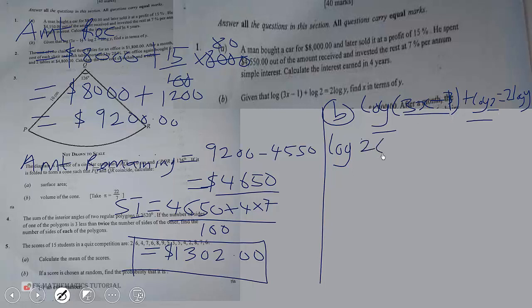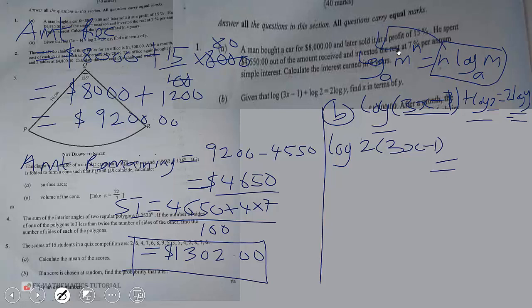So we get 2 into 3x minus 1 is equal to, now we also use the other law of logarithm, log a of m exponent n is equal to n log a. So it becomes log y squared. The a here is 10, which is not written.